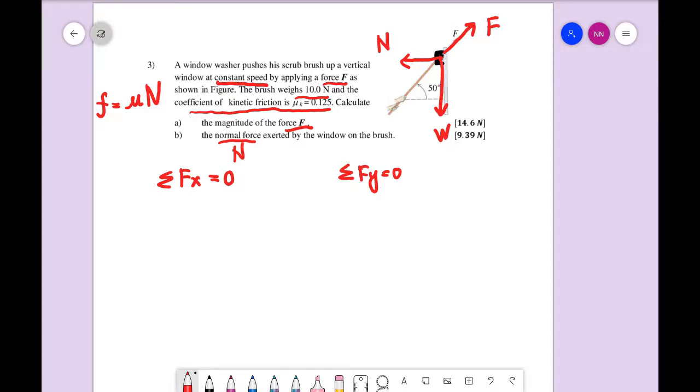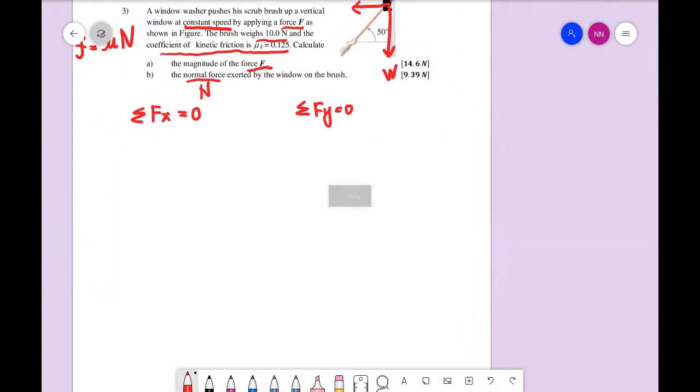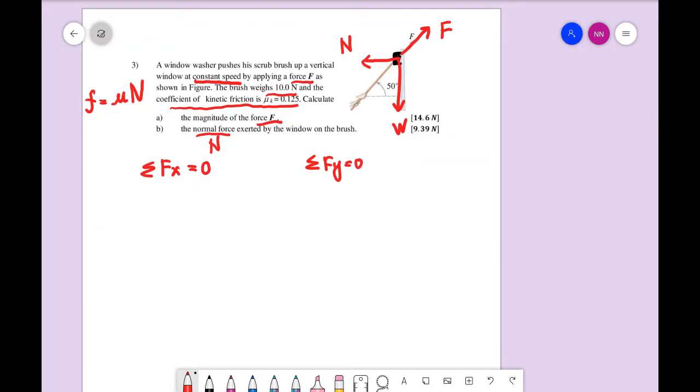This scrub brush tends to move up the window because it has force F. If the force F is large enough to overcome the weight, the brush will move up the window. If the force is not large enough to overcome the weight, the brush will go down the window. So the friction will be up the window.